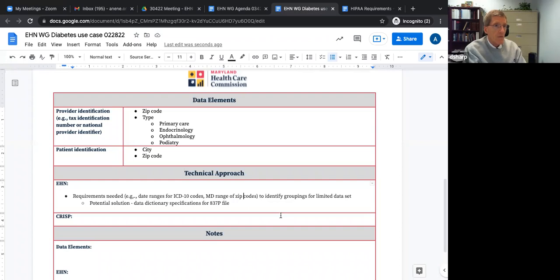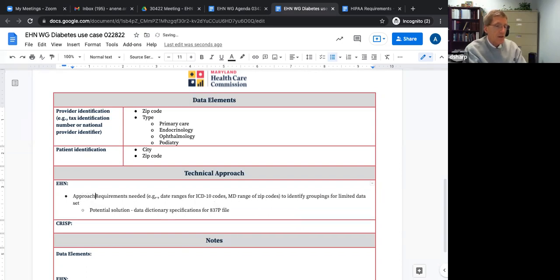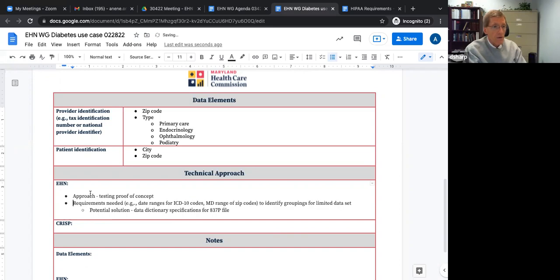And going back to what Mike said at the very beginning, what we're trying to do is test a proof of concept with data flowing from an administrative network, specifically in 837, to CRISP, to ferret out the challenges in just the data exchange component, using a use case that would have elements of relevance to public health, this being diabetes type 2.